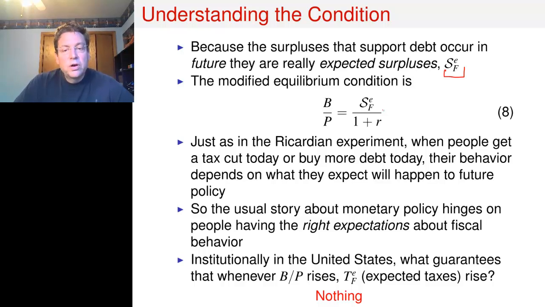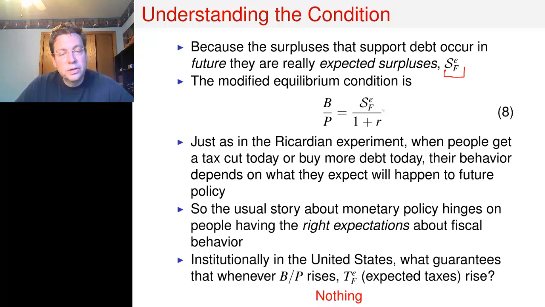It's just as in the Ricardian experiment, when people get a tax cut today or buy more debt today, their behavior depends on what they expect will happen to policy in the future. So the usual story about monetary policy hinges on people having the right expectations about fiscal behavior.